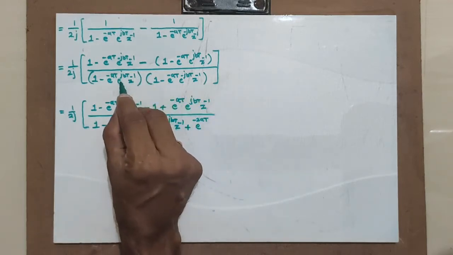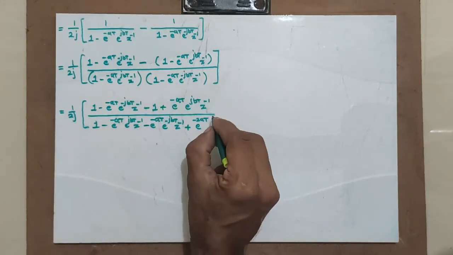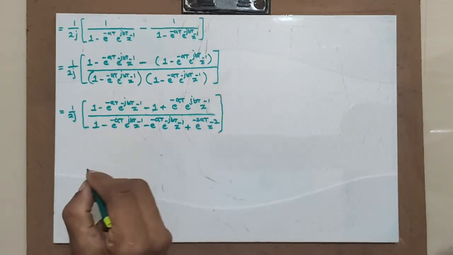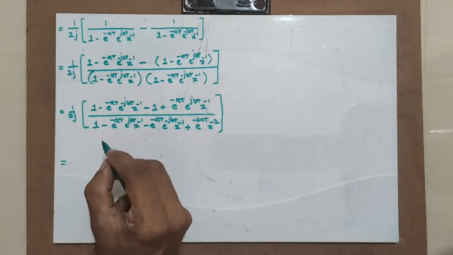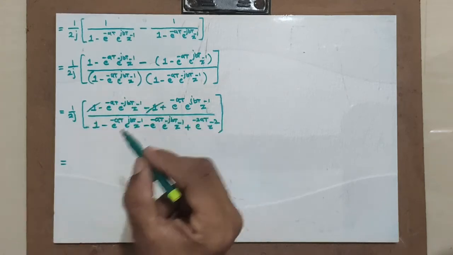You see e raised to jbT and e raised to minus jbT cancel out, z raised to minus 1 times z raised to minus 1 gives us z raised to minus 2. Now here 1 and minus 1 cancel out.